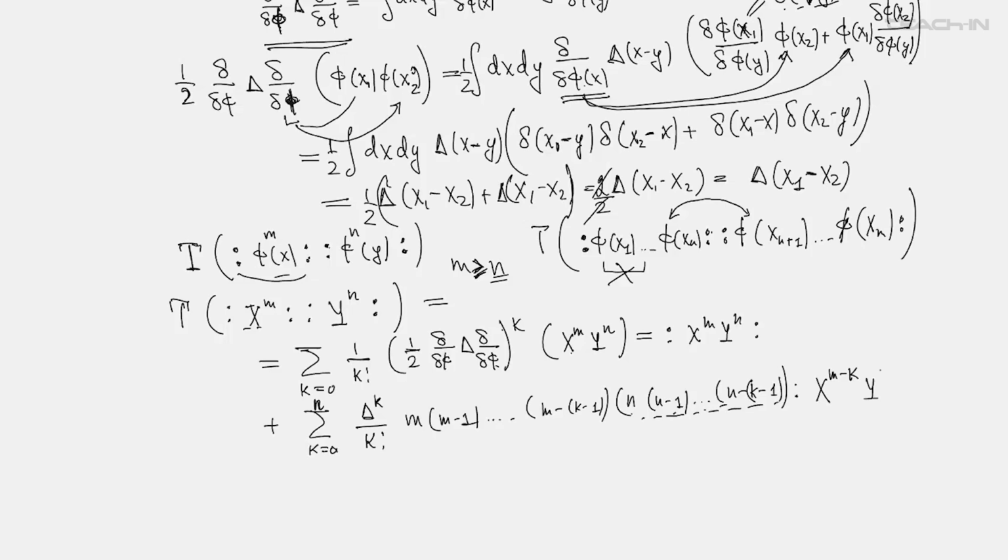And so this is a formula, but then, of course, you know that what is written down here is nothing else than m factorial divided by m minus k factorial, and n factorial divided by n minus k factorial.